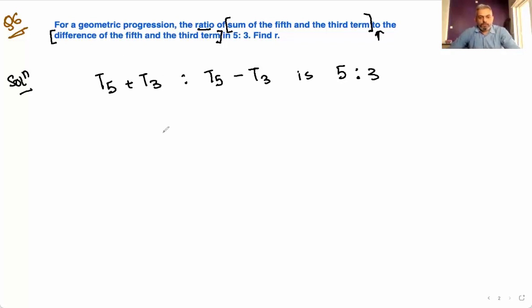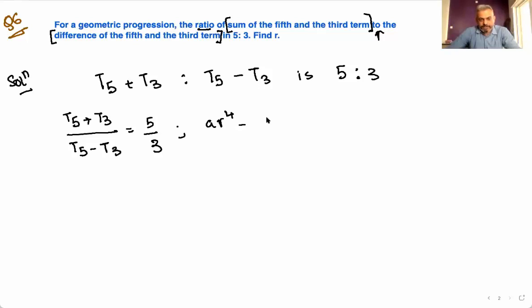Okay, now we write it this way: (T5 plus T3) upon (T5 minus T3) is equal to 5 upon 3. Now T5 is AR raised to 4, T3 is AR square. So AR raised to 4 plus AR square upon AR raised to 4 minus AR square is equal to 5 by 3.